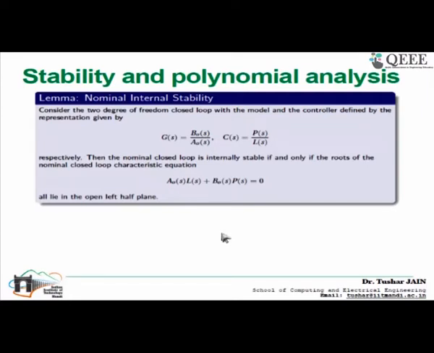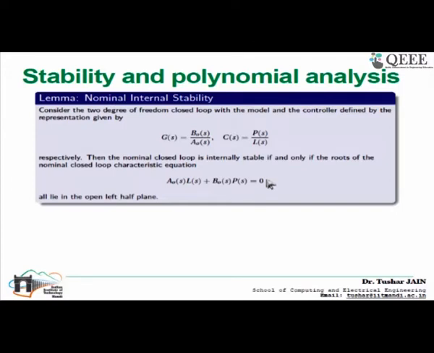GFS is our plant, the CFS is our controller respectively. Then the nominal closed loop is internally stable if and only if the roots of the nominal closed loop characteristic equation lie in the open left half plane. This is the result.